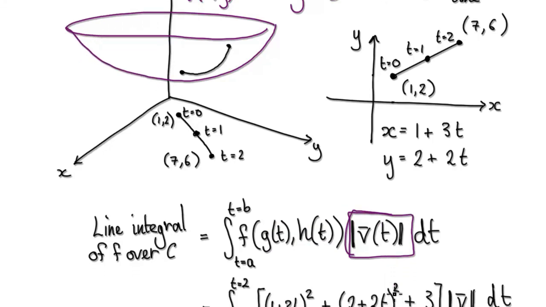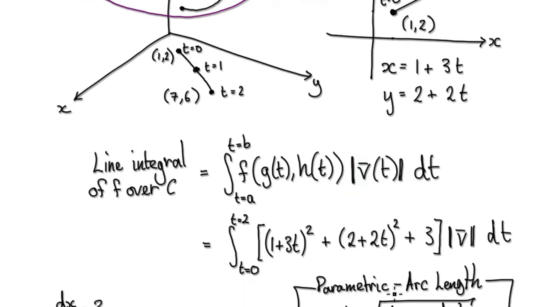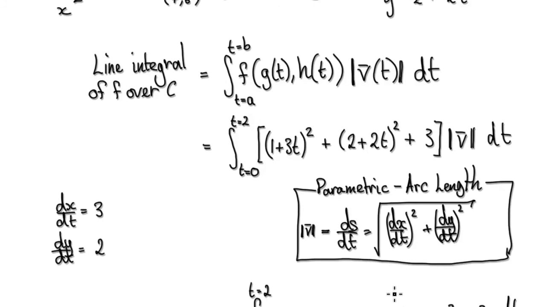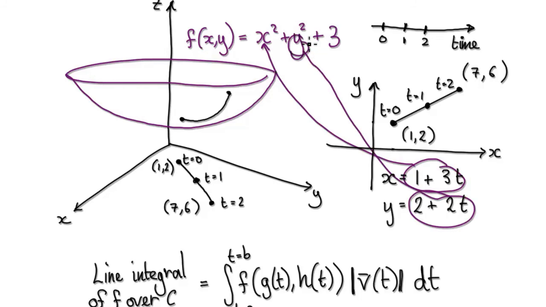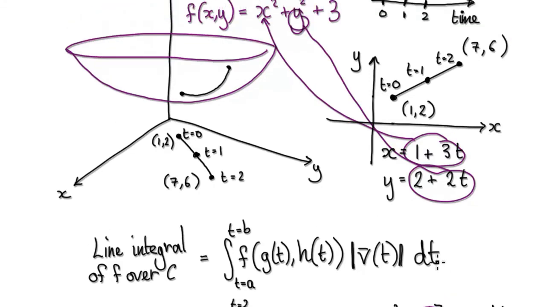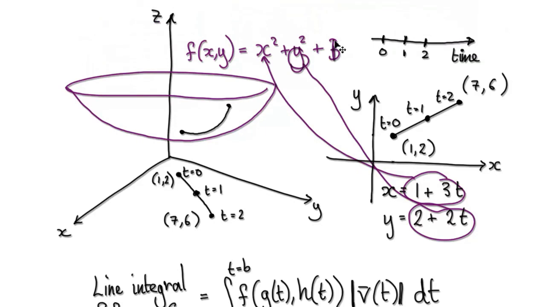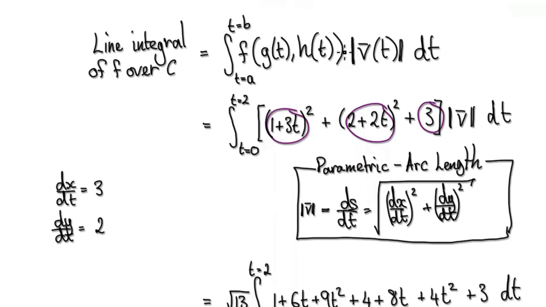So we would put this into here, square it, put this into here, square it. That will then give us this, x squared plus y squared plus 3. I made a mistake earlier by saying this was 1, but it should be a 3. So that will then take us to here.